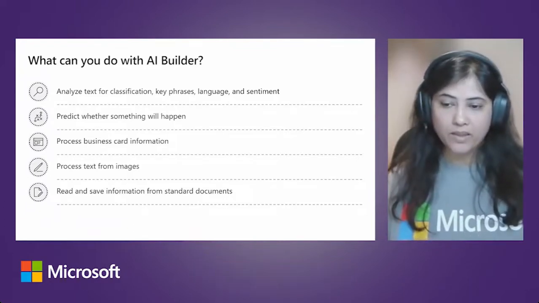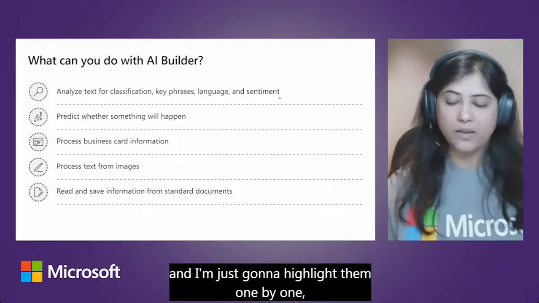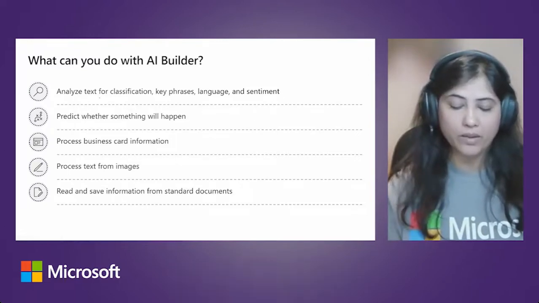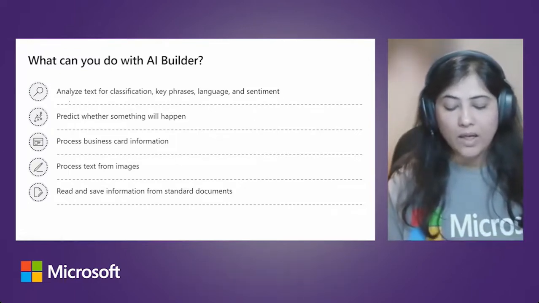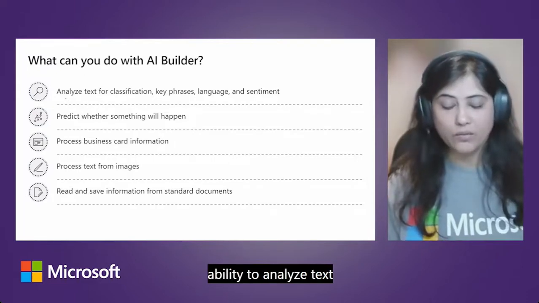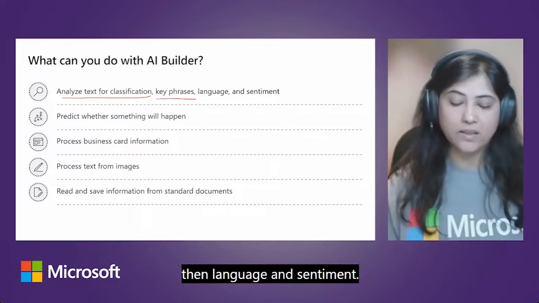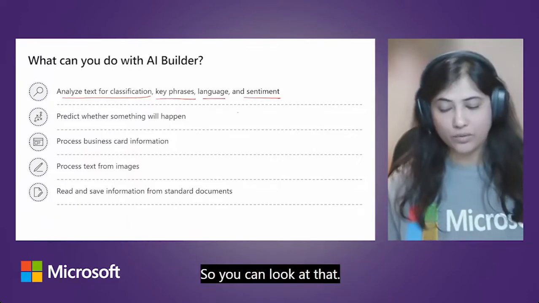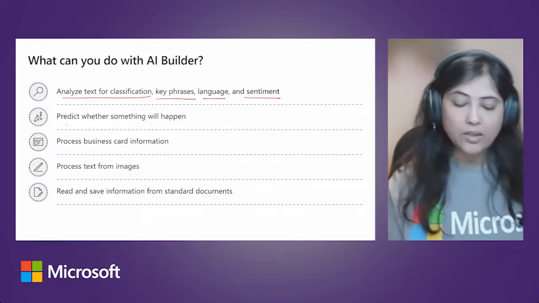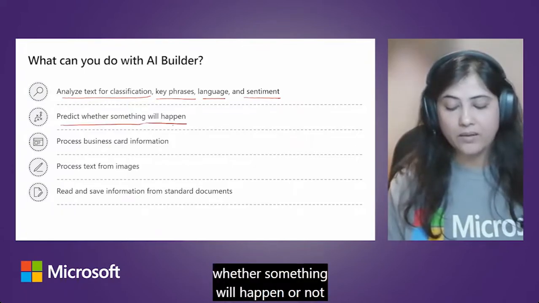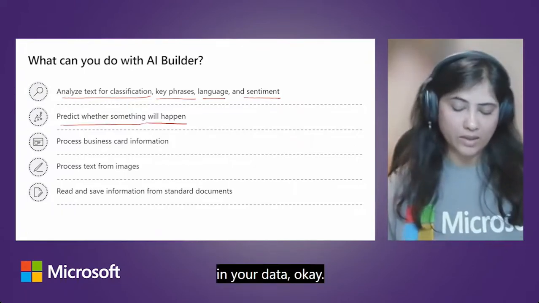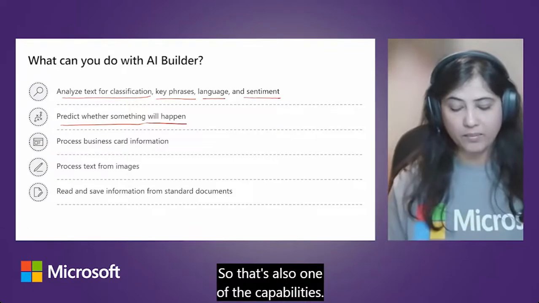So the capabilities that AI Builder has, and I'm just going to highlight them one by one, is we have got the ability to analyze text for classification. We have got key phrases, then language and sentiment. So you can look at that. You can predict whether something will happen or not in your data. That's also one of the capabilities.